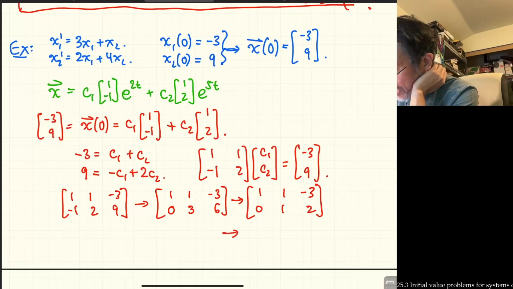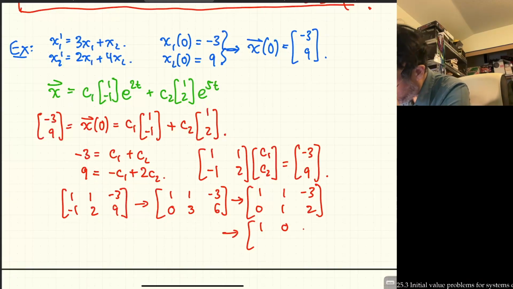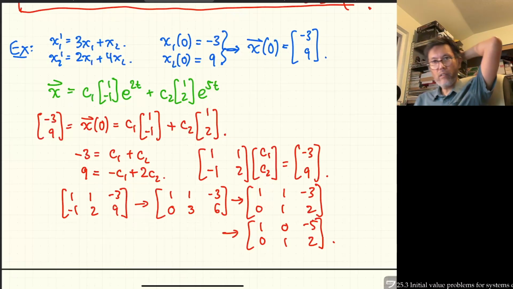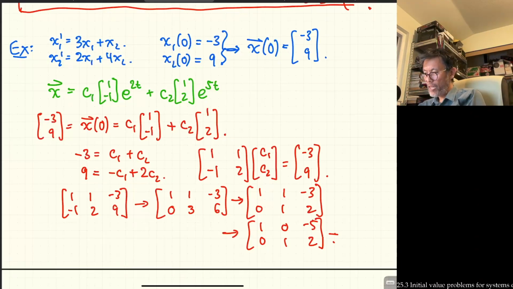And then I'm going to add negative row 2 to row 1. Then I can reinterpret this as a linear system. And what this is telling me is that c1 is equal to negative 5 and c2 is equal to 2.